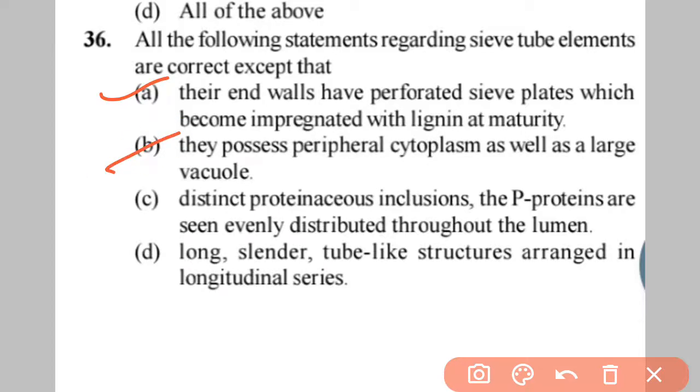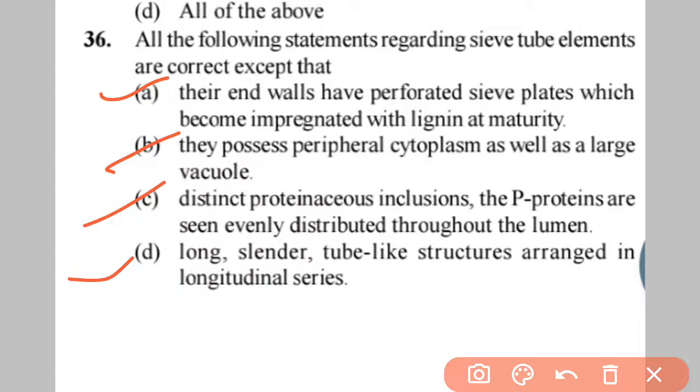Second is they possess peripheral cytoplasm as well as large vacuole. The third one is distinct proteinaceous inclusions. The phloem proteins or P proteins are seen evenly distributed throughout the lumen. And the last one is long, slender, tube-like structures arranged in longitudinal series.